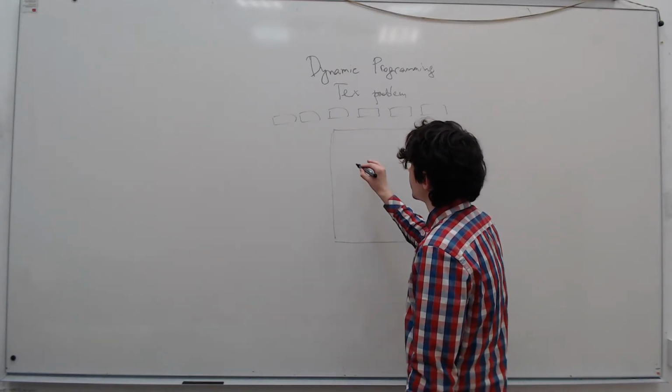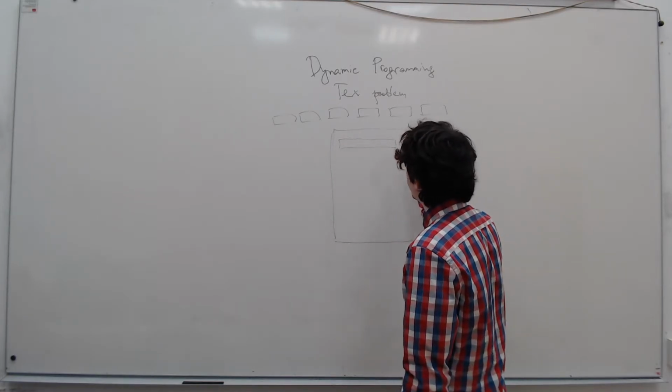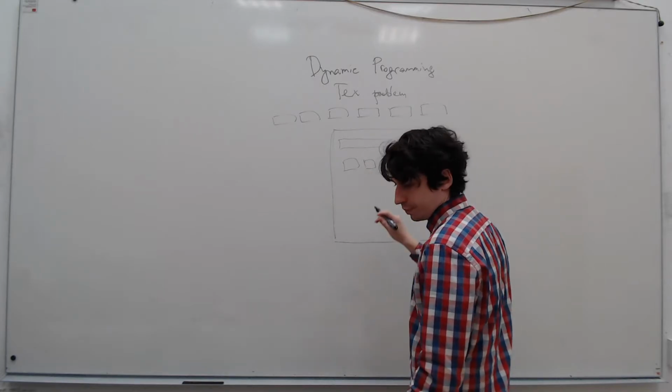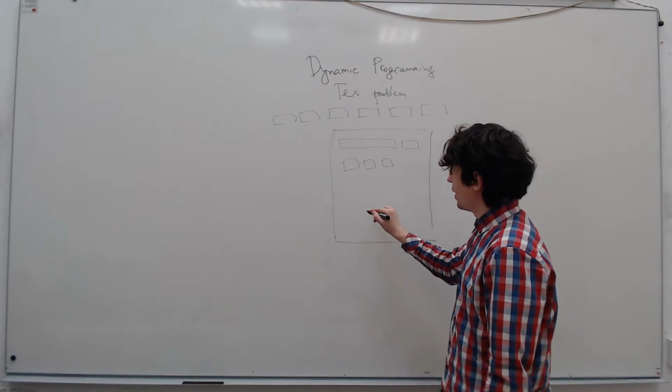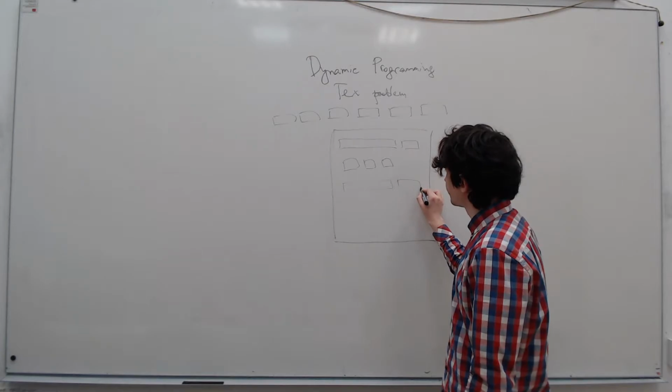For example, you have a huge word, then you have a small word, then again small words, and then again a large word, and so on.